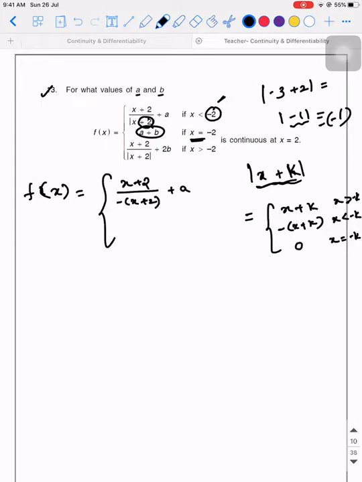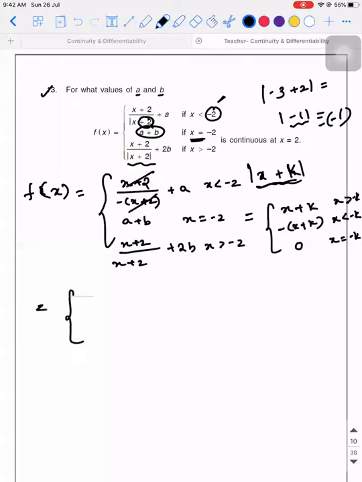Is there anyone still having a doubt? Yes, sir. So a plus b when x is equal to minus 2. This is for x less than minus 2. Similarly, can someone tell me what will happen to mod of x plus 2 when x is greater than minus 2? x plus 2, positive. You write it as x plus 2 by x plus 2, plus 2b, when x is greater than minus 2. Now we will do this step. So this and this will get cancelled.